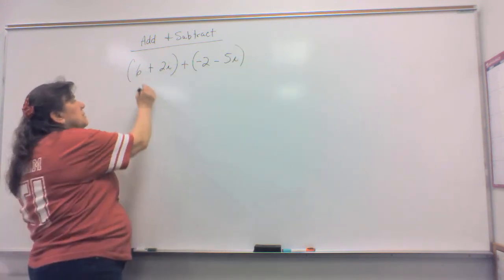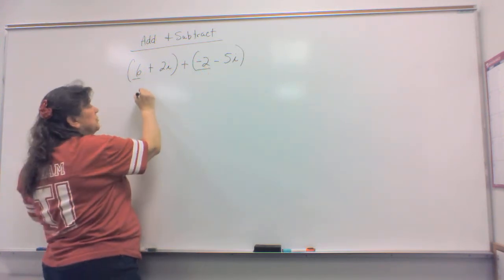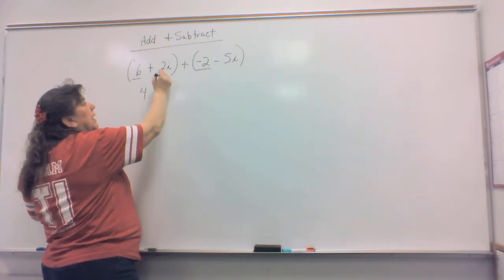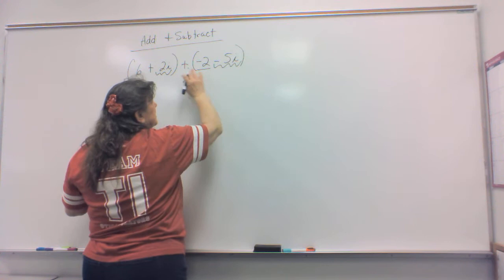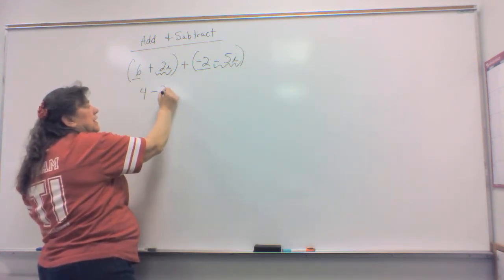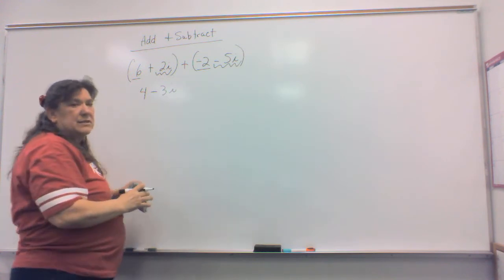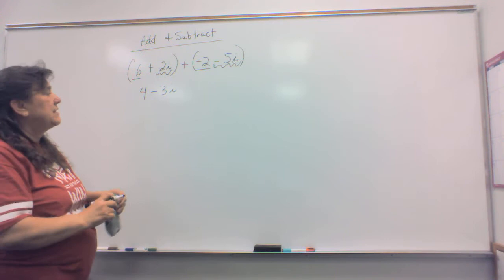Our like terms are 6 plus a negative 2, or 6 minus 2, which is 4, and my 2i minus 5i, because plus and negative is still minus, and that's a negative 3i. So it's just like any other combining of like terms. That's all there is to it.